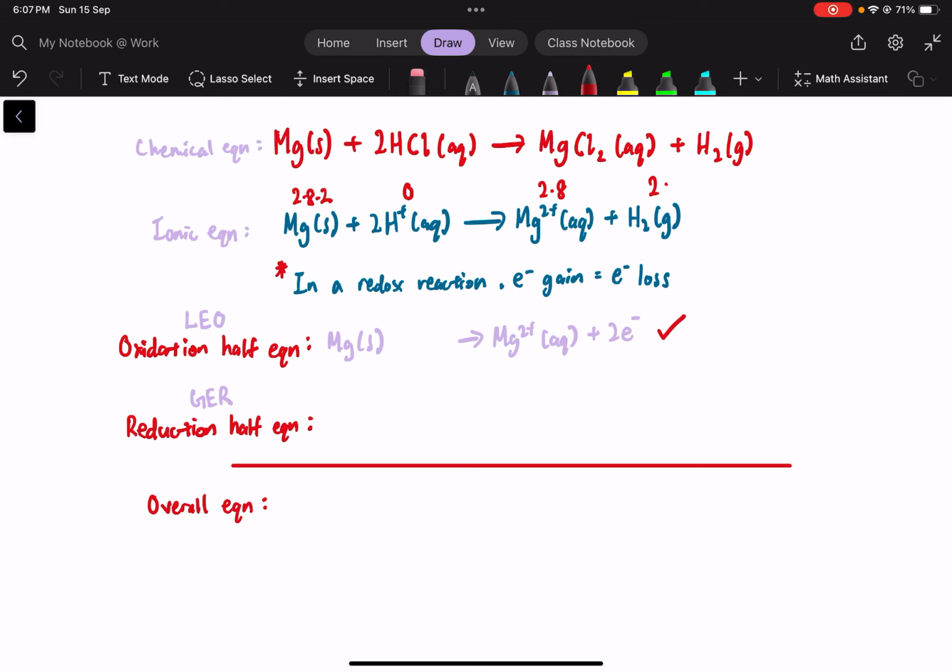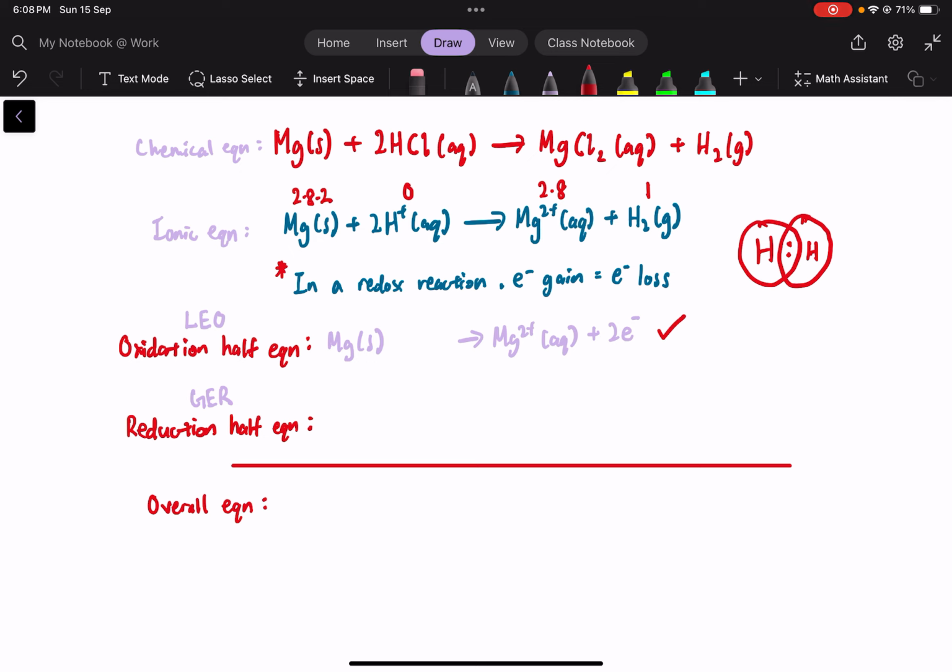Okay, so what happens is it forms hydrogen gas with 1 covalent bond, and so they have 1 electron each, and they're sharing together in a bond pair of electrons. So with this information we know that the gain of electrons is reduction.